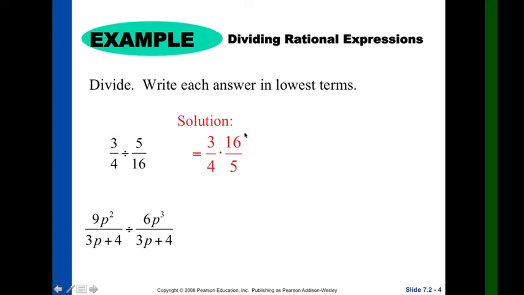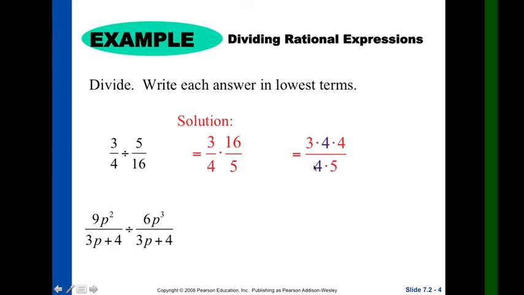Next is factor. So we need to factor the numbers in the numerator and the numbers in the denominator. So for this one, we have 3, and then 16. What is the factor of 16? That is 4 times 4. And then we will put a multiplication sign between these numbers, and then all over 4 times 5.